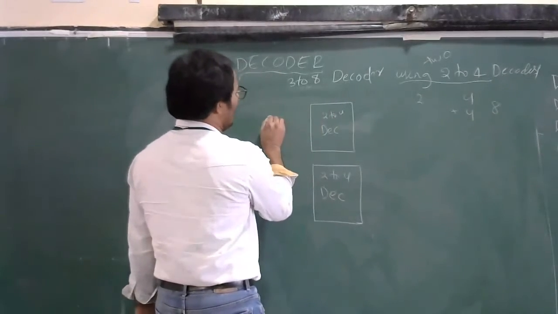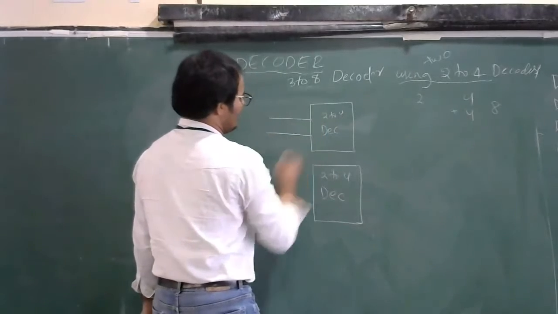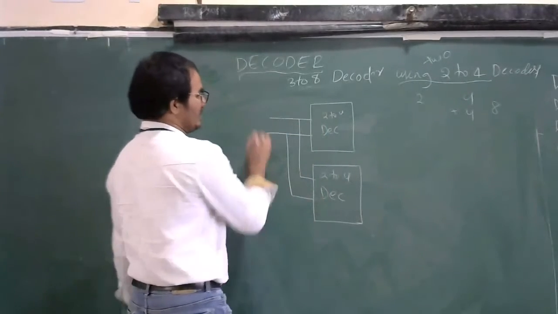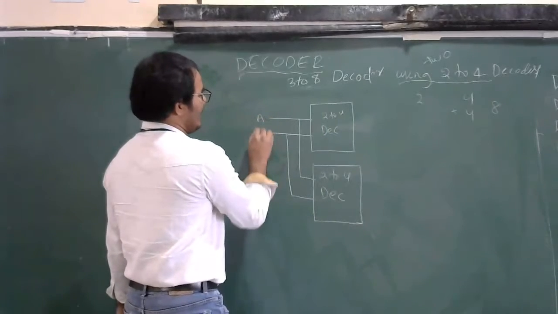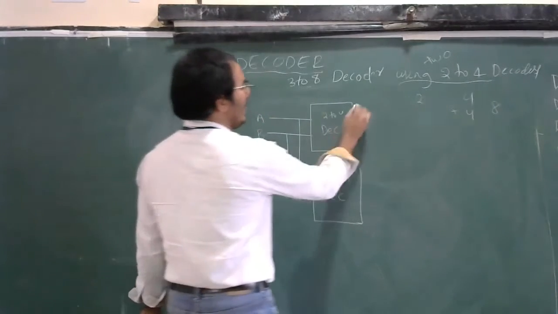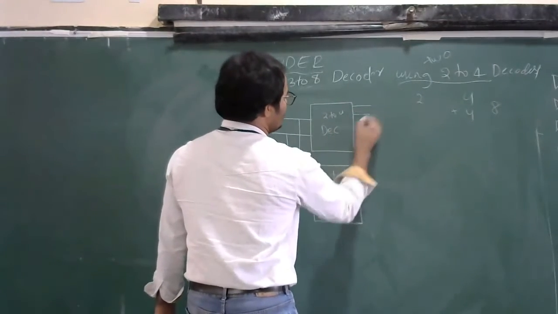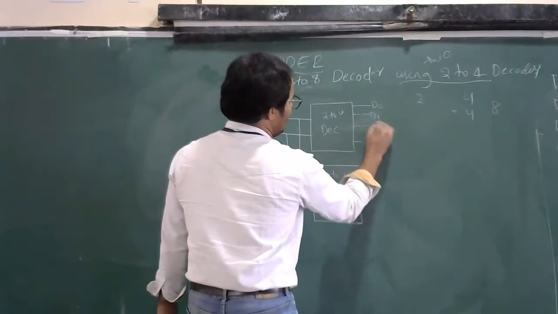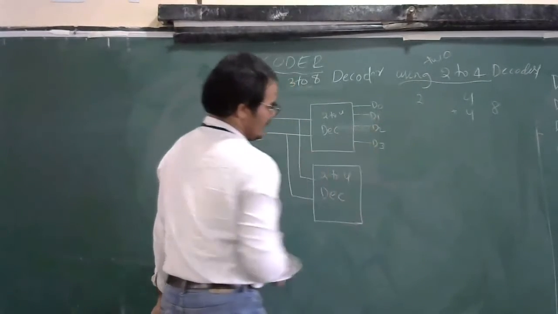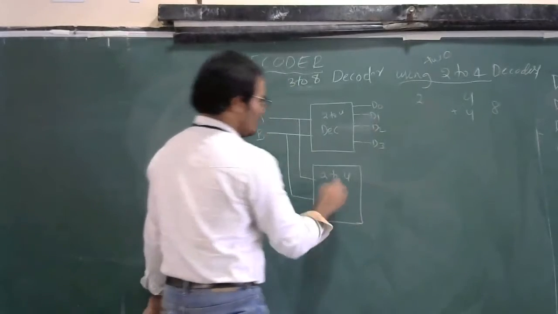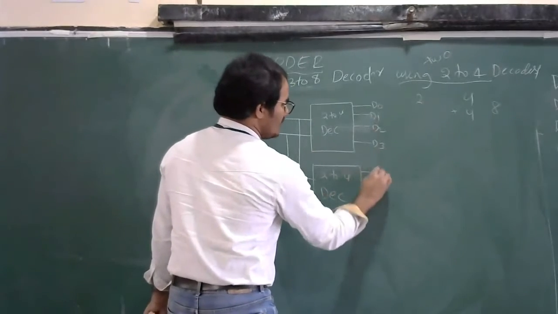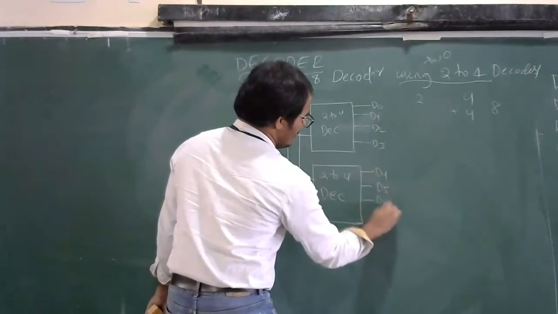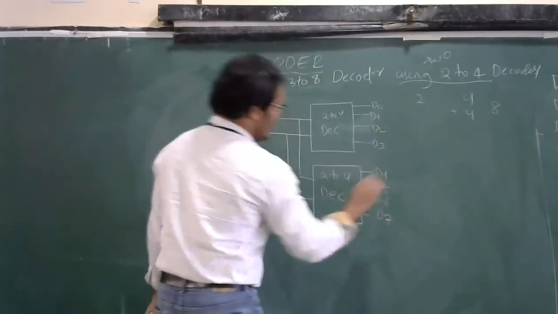A 2 to 4 decoder will have how many inputs? 2 inputs. The same inputs you can apply to the other 2 to 4 decoder, A input and B input. It will produce four outputs, let us name them D0, D1, D2, and D3. And this also produces 4 outputs because it is a 2 to 4 decoder. Name them D4, D5, D6, and D7.